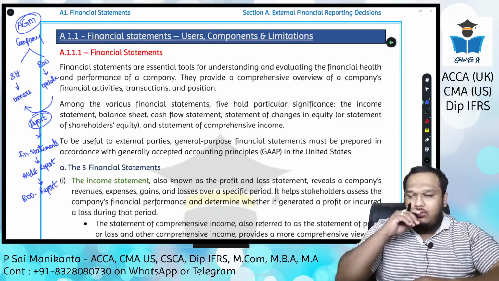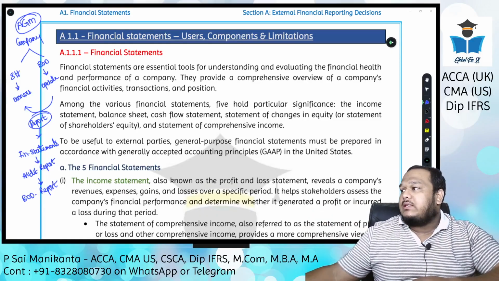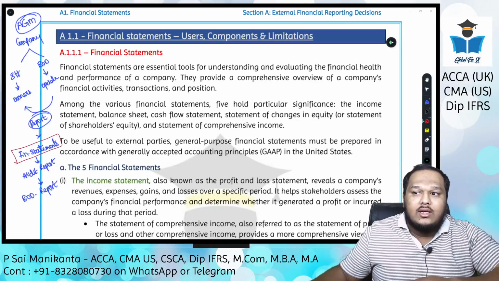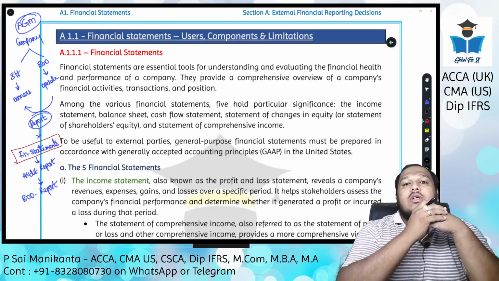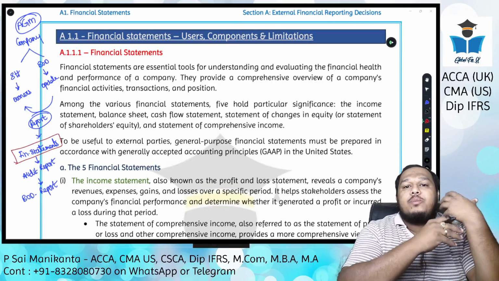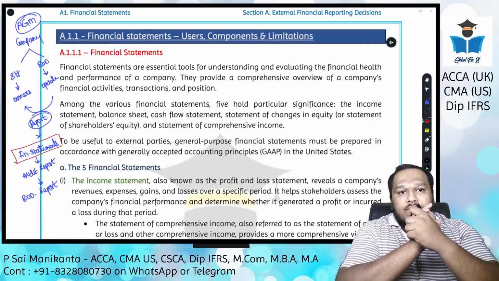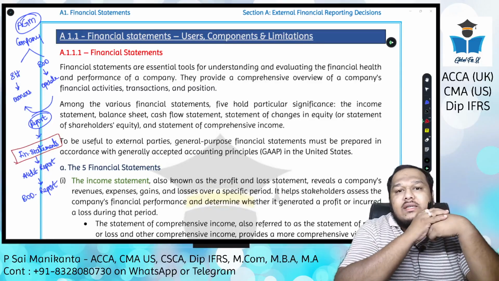So coming now to our context here. In this lecture we are going to talk about this part of the entire story, the financial statements. When a company needs to present the financial statements, what is the purpose of presenting them?